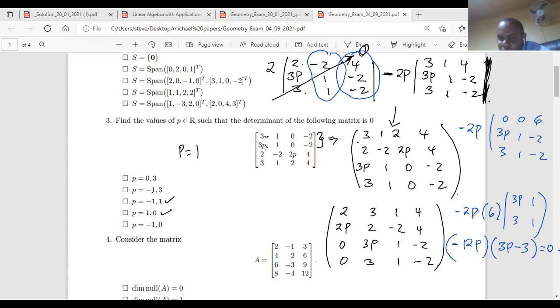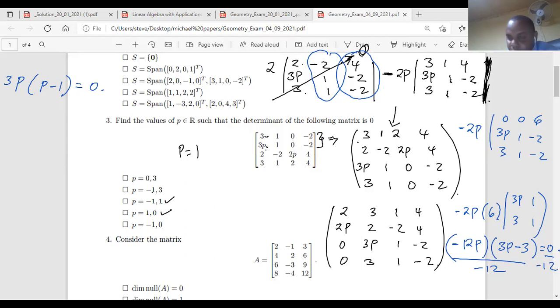Divide by -12, you get p. 3p equals p minus 1 equals 0, right? Did you divide everything by 3? I divided everything by 12, by -12.